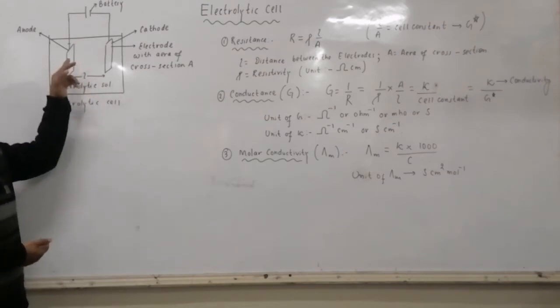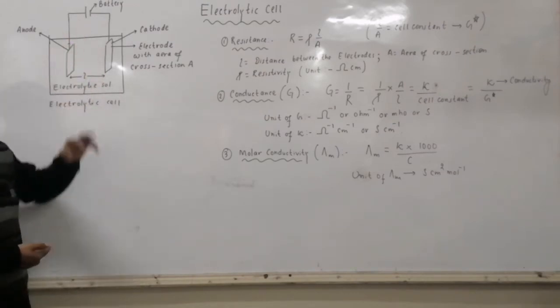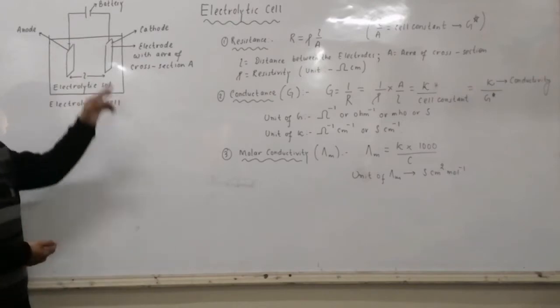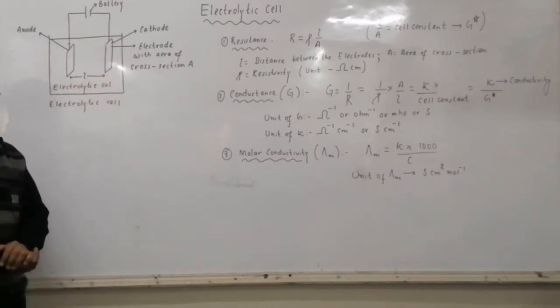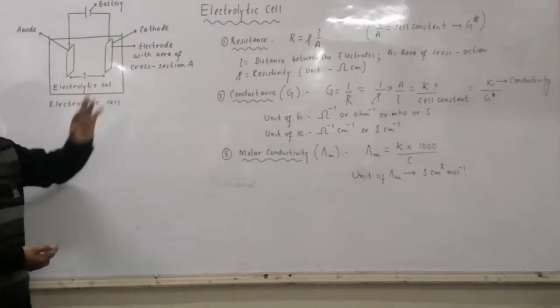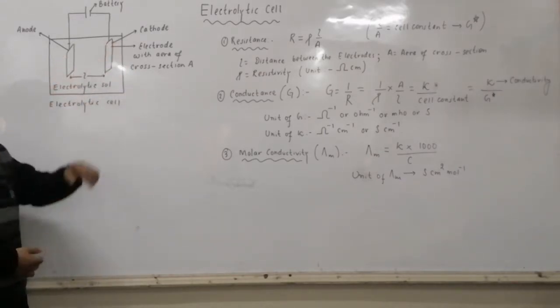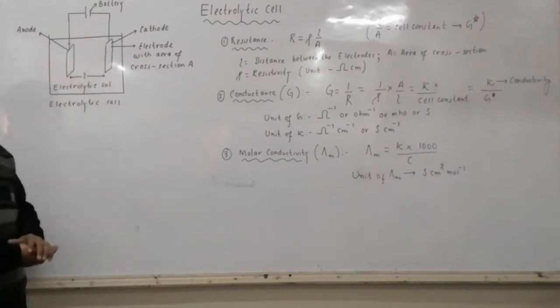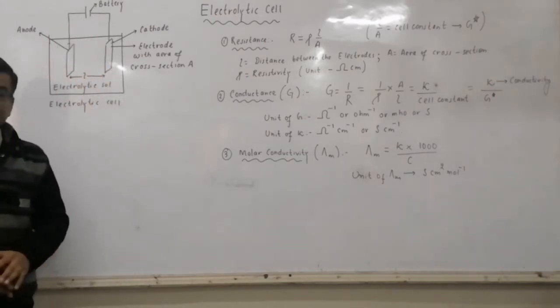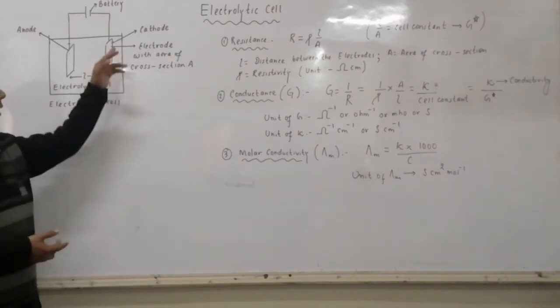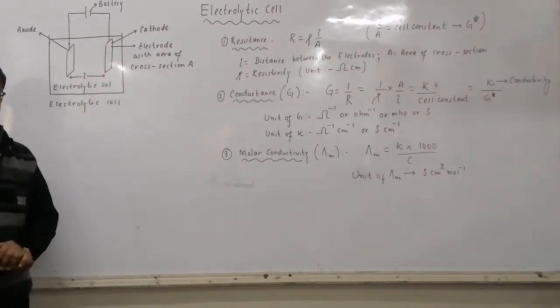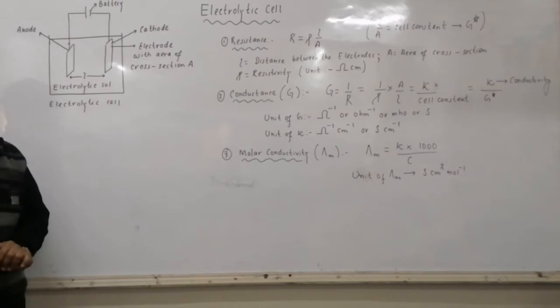The electrode connected to the positive terminal of the battery is called the anode, and the electrode connected to the negative terminal of the battery is called the cathode. And in the electrolytic vessel, we are taking an electrolytic solution.